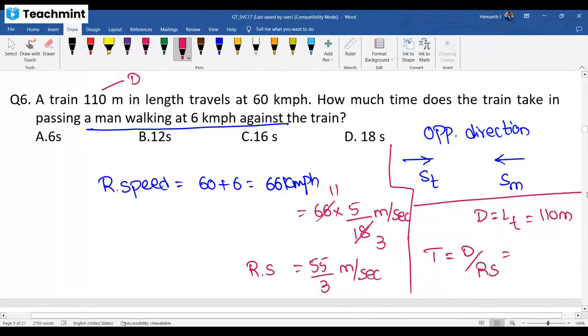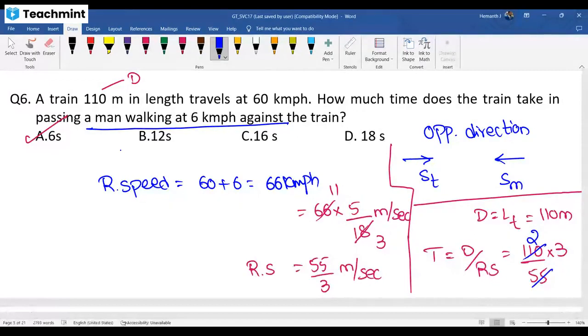So train is exactly before the man. So man length is negligible. This is train crossing the man. So distance will be length of the train only. So 110 divided by 55. The divide by 3 will come to numerator. It is nothing but 6 seconds. Time and distance related question, you can recall those inputs. 6 seconds. Hope it's clear.